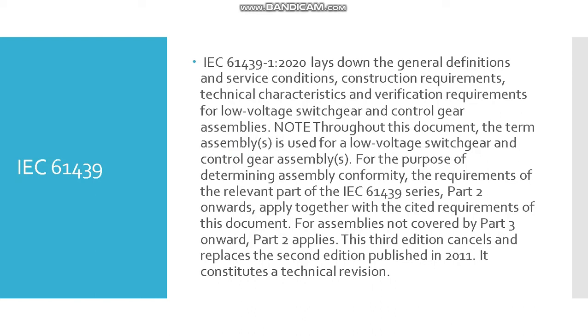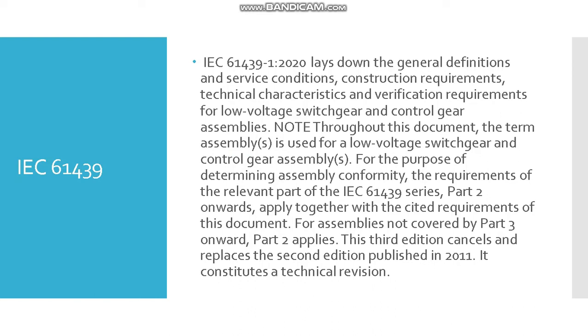For the purpose of determining assembly conformity, the requirements of the relevant part of the IEC 61439 series, Part 2 onward, apply together with the cited requirements of this document.